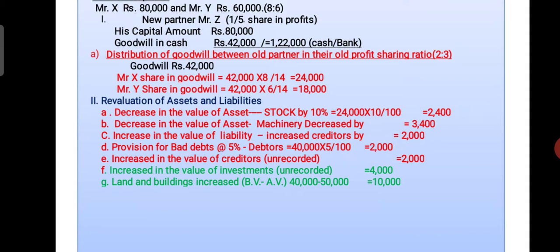So when the market value is more and the book value is less, then we can say there is an increase in the value of asset. If the market value is less and the book value is more, then we can say the value of asset is decreased. So here the book value is less and the market value is more, so we can say there is an increase in the value of asset, that is rupees 10,000.